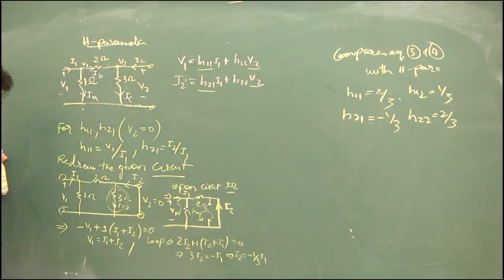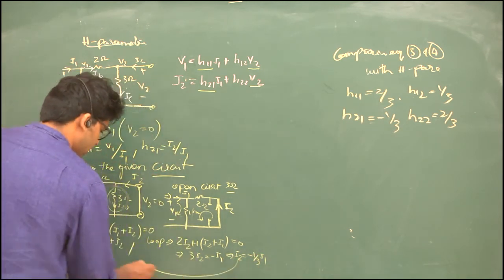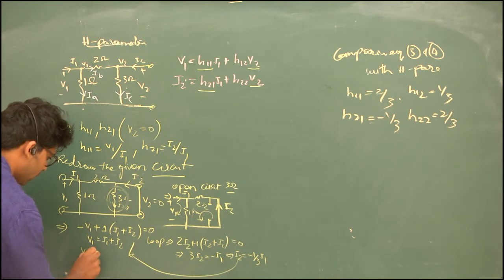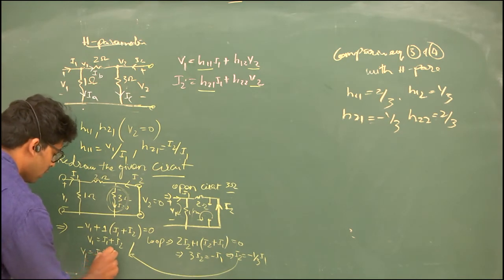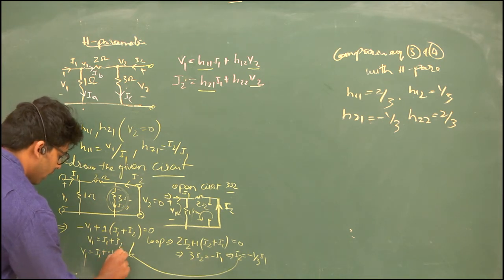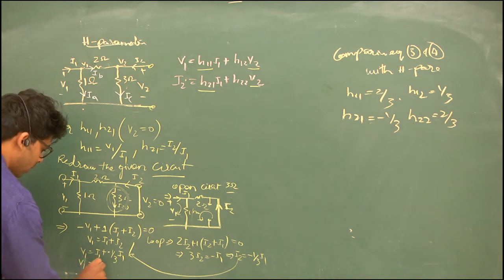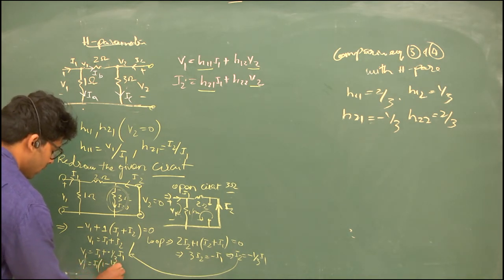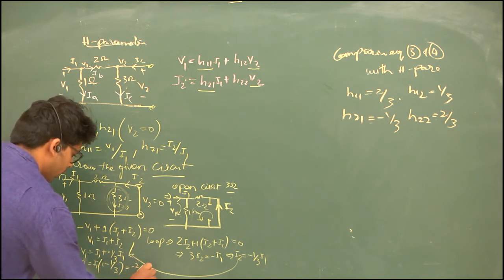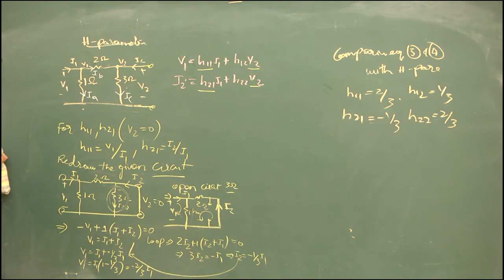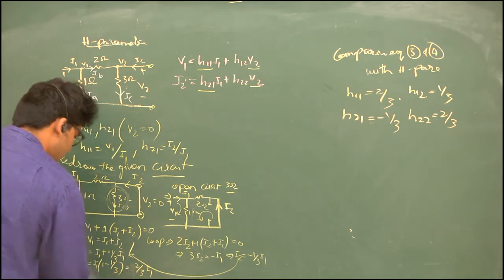Substitute I2 here. So we'll get V1 equal to I1 plus minus 1 by 3 I1. Therefore we'll get V1 equal to I1 common, 1 minus 1 by 3, that is 3 minus 1, that is 2 by 3 I1.